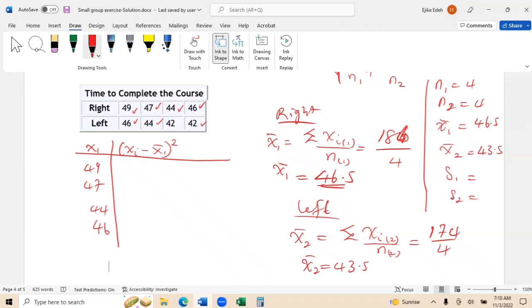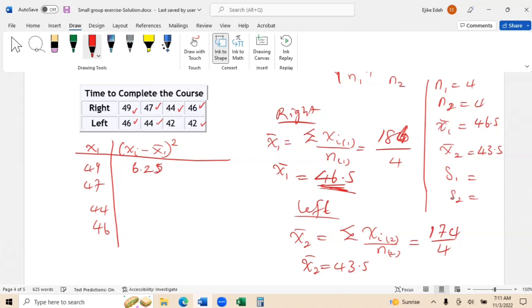So we're going to take 49 minus the mean, 46.5, and then square that. The numerator for the first line is 6.25.